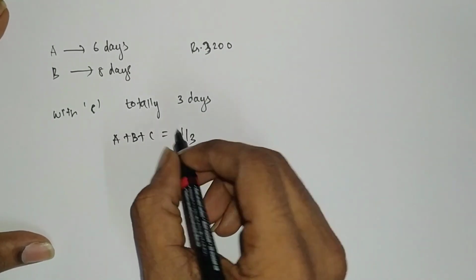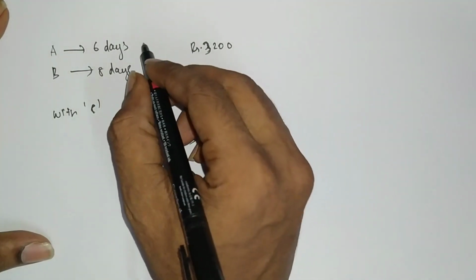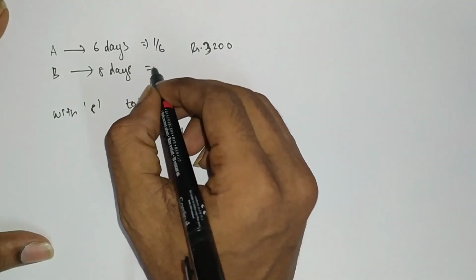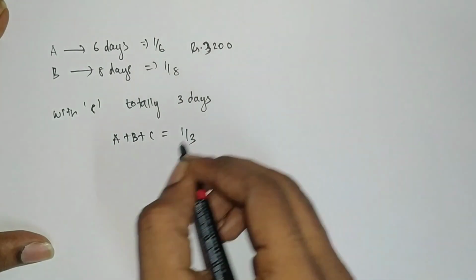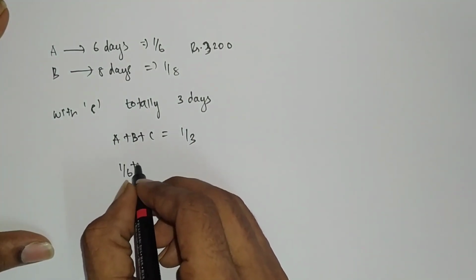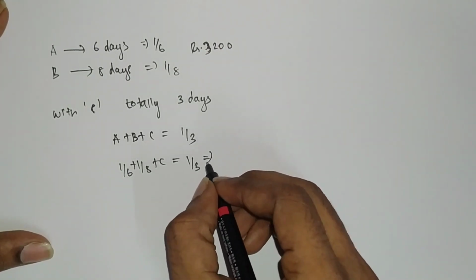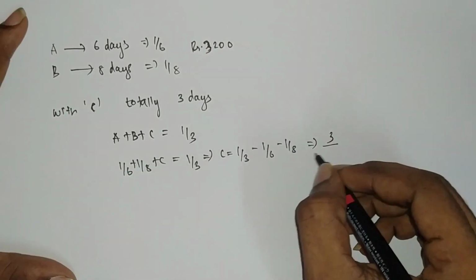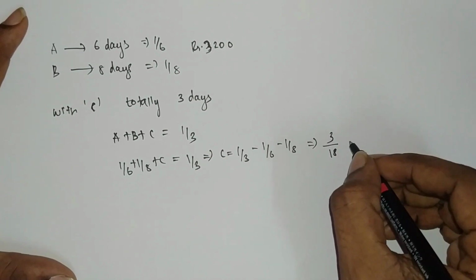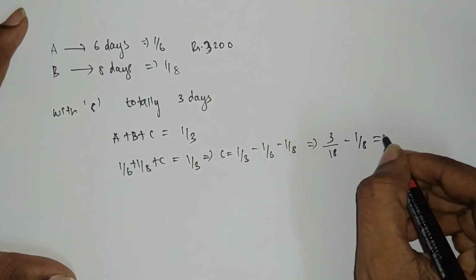So 1 by 3. A took 6 days, which is 1 by 6, and for B it is 1 by 8. Substituting A and B, we will get C. C is 1 by 3 minus 1 by 6 minus 1 by 8, which is 3 by 18 minus 1 by 8.